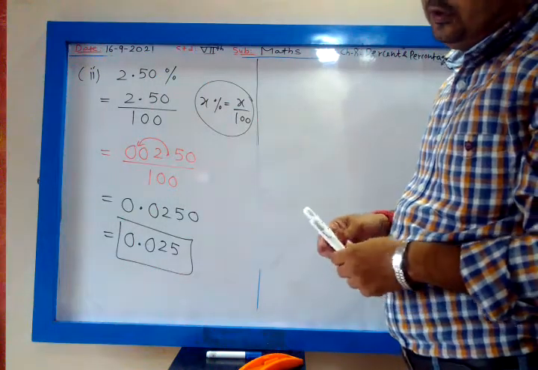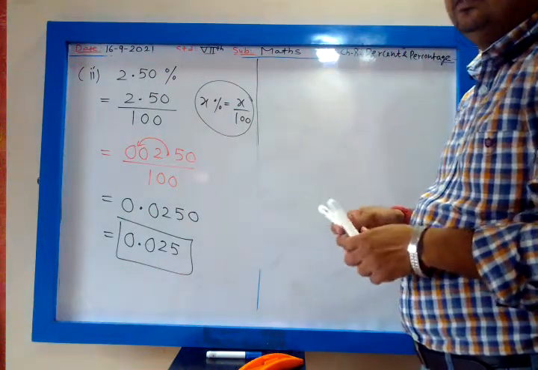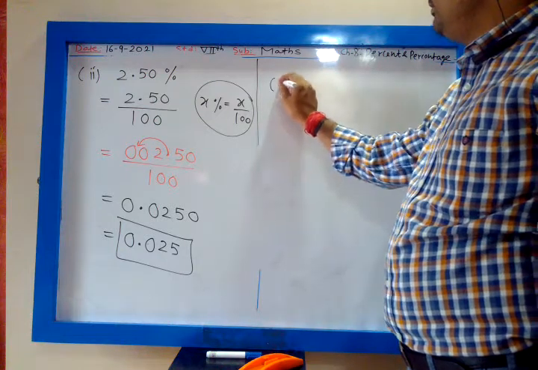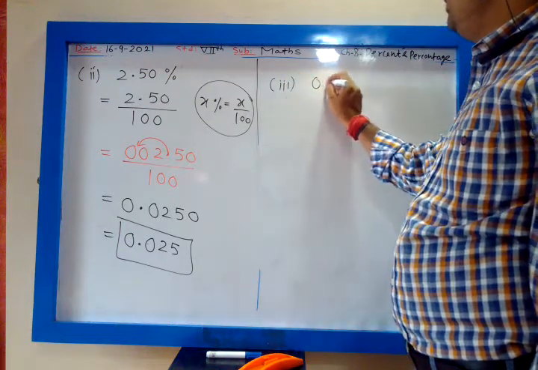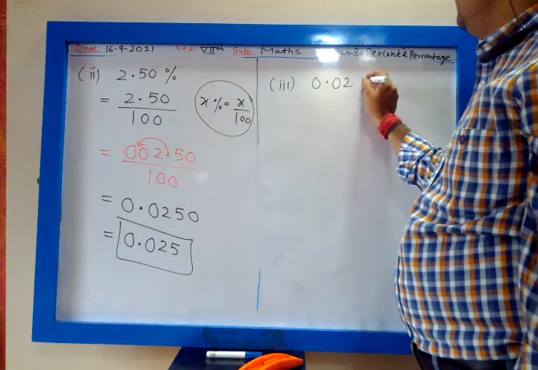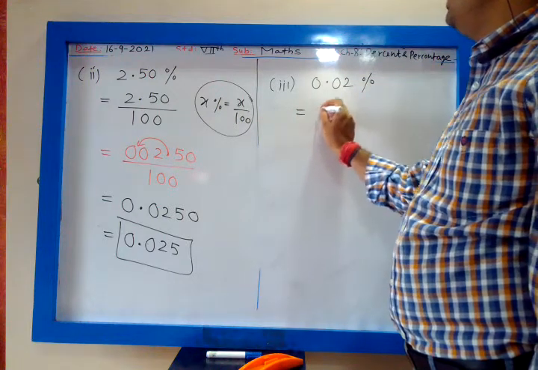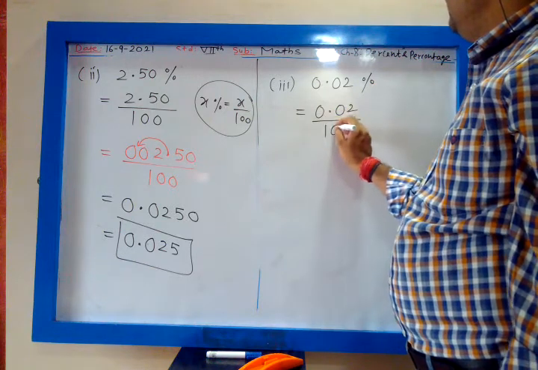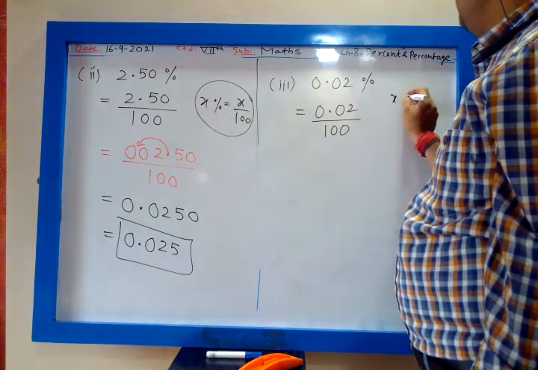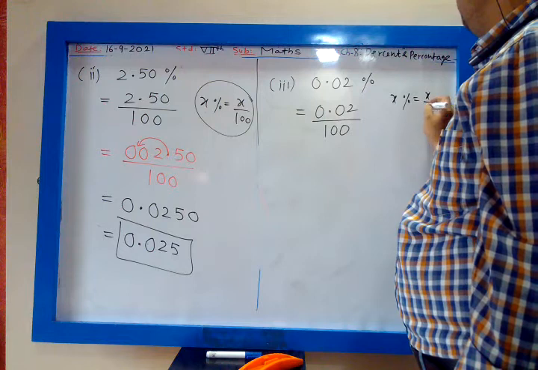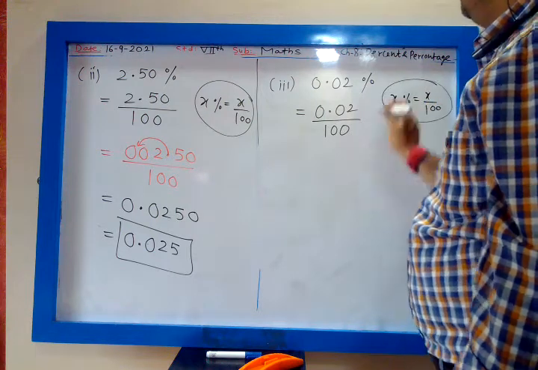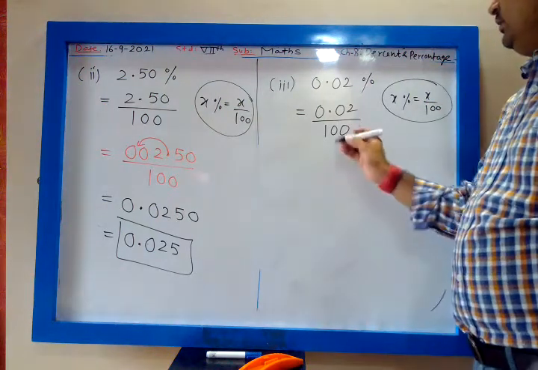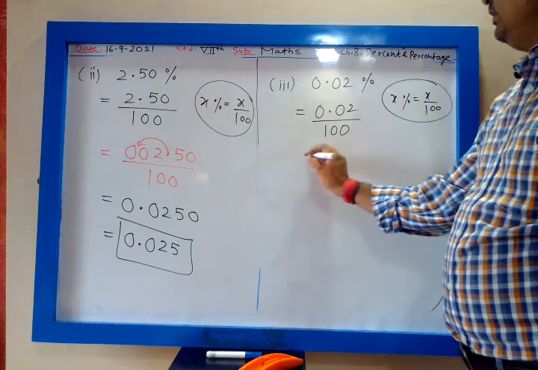Chalo, theek hai, 0.02%. Third one, 0.02%. X percent means x upon 100. So 0.02 upon 100. This definition we follow. Now 002 you can write.